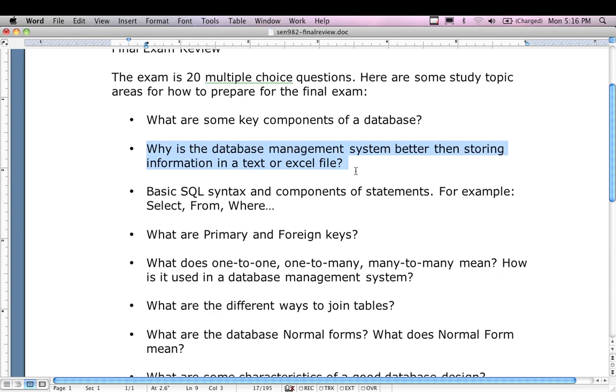What we're looking at are normalization questions. There are questions that relate to basic SQL syntax. There are some that relate to the joins, as I mentioned before, and some that relate to the different features I mentioned before. Database management system, why is one better than storing information in a text file or an Excel file?